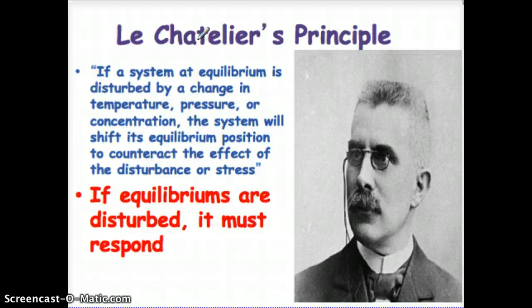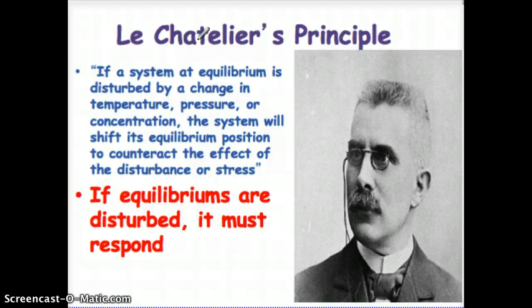Now that you have a reaction that's at equilibrium, if a reaction is disturbed by a change in temperature, pressure, or concentration, the system, the equilibrium reaction, will shift in a certain direction to counteract the effect of the disturbance or stress. Okay, so that's like, whoa, I don't understand what I just read.